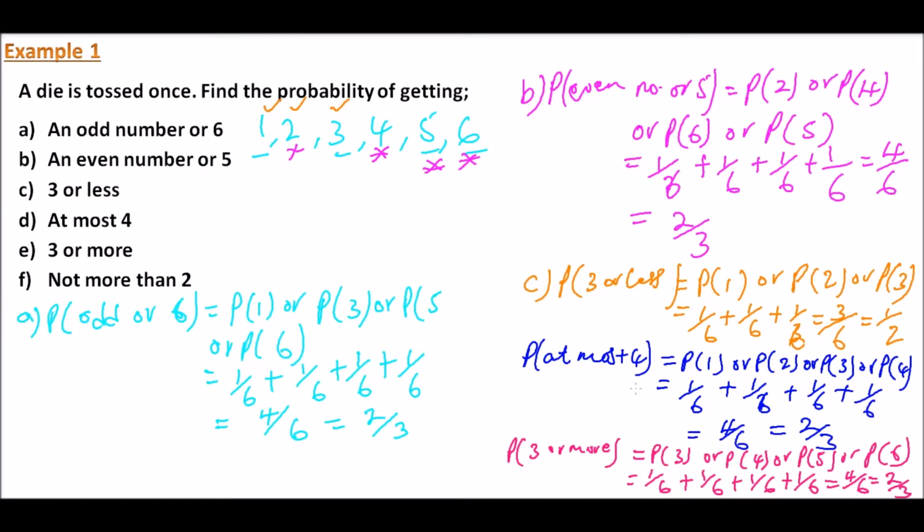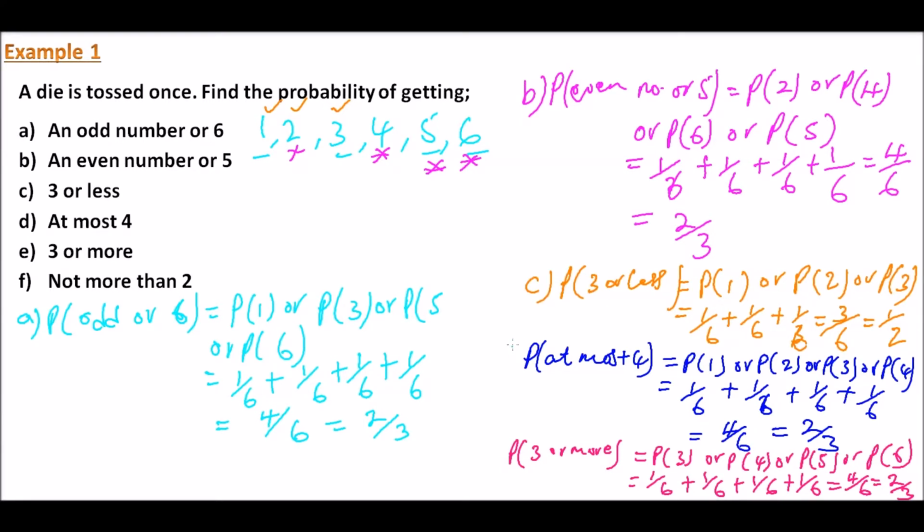Then finally, not more than 2. So this is our E, and we use this space here for our F, not more than 2. Then it means it is the probability of not more than 2.